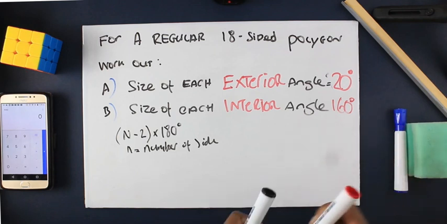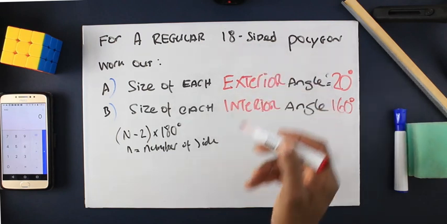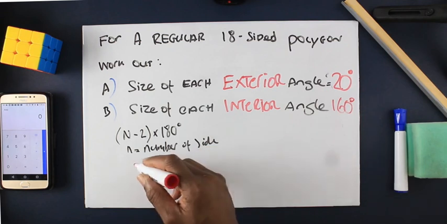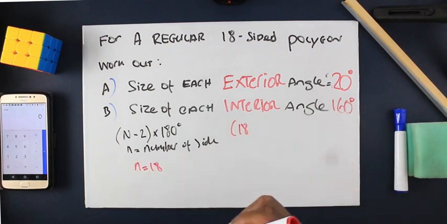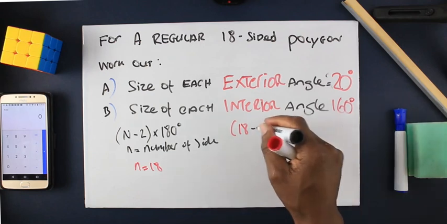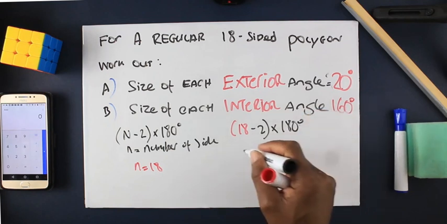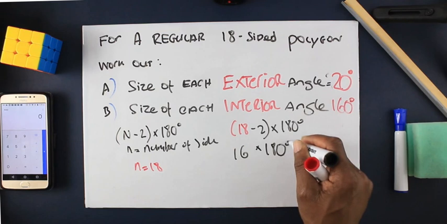So if we're going to convert n minus 2 times 180 using this fact that we have 18 sides, n equals 18. So then we would have 18 minus 2 times 180 degrees, which equals 16 times 180 degrees.